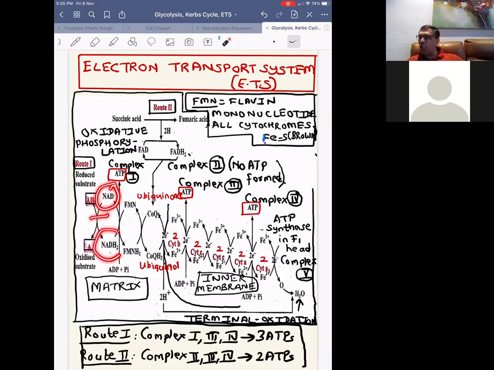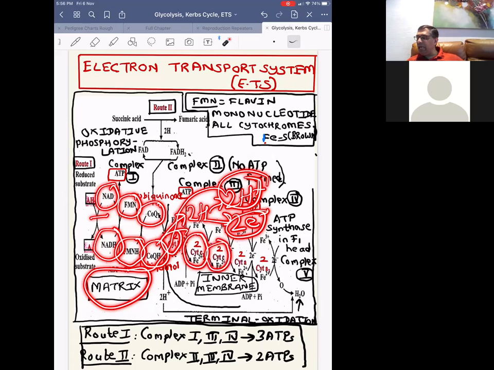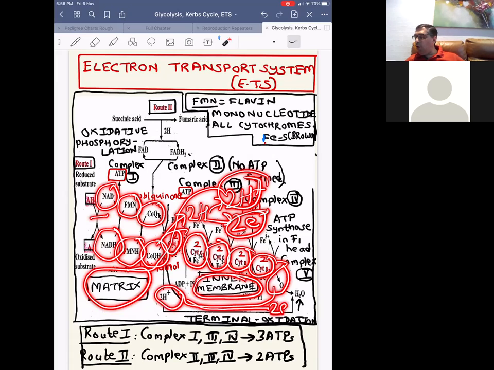NAD to NADH2, then to FMN to FMNH2, then to coenzyme Q to coenzyme QH2, and from coenzyme QH2, the hydrogen had split to form protons and electrons, of which protons remain in the matrix and electrons pass through cytochrome B, cytochrome C1, cytochrome C, cytochrome A, cytochrome A3, which is on the inner membrane of the mitochondria, and is accepted again by oxygen, and oxygen along with electrons and protons will form water.